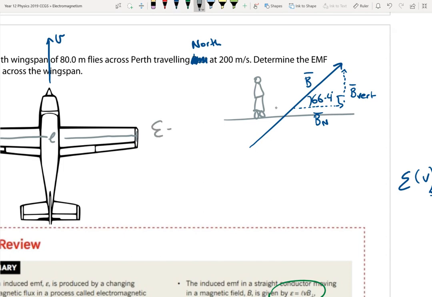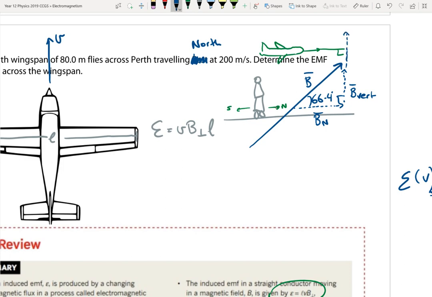Our EMF is V B perp times L. We need the perpendicular component to the length of the wing. Well, it turns out if I was to draw my little plane, this guy is sort of facing north. If this plane was to fly overhead, the plane wing is actually perpendicular to the upwards, the vertical component.